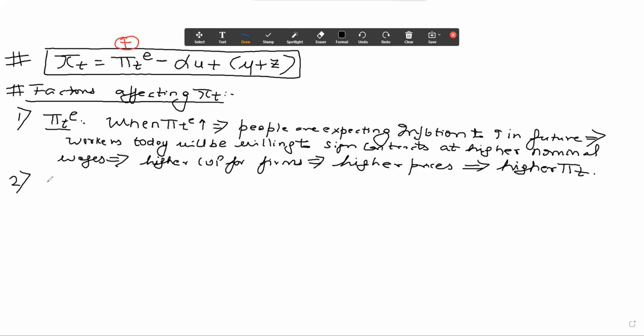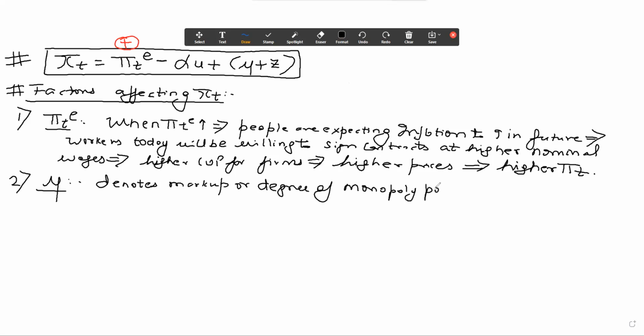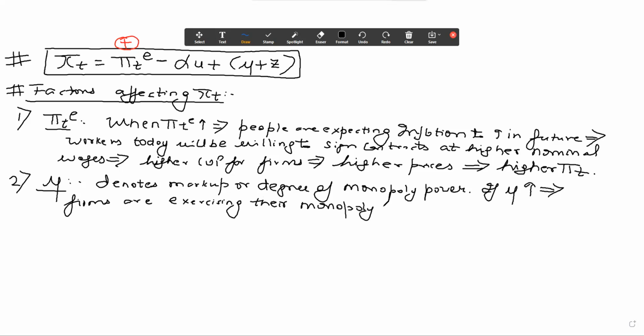Second point, mu. Mu denotes markup or the degree of monopoly power. If mu goes up, this implies firms are exercising their monopoly power, which implies they will produce less.